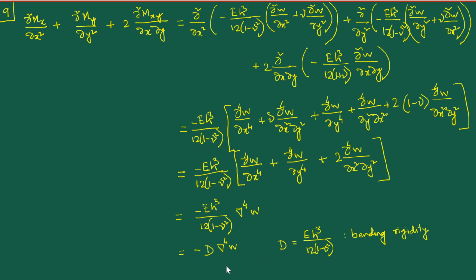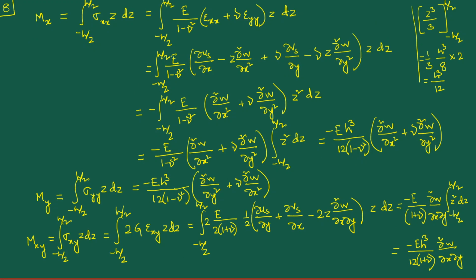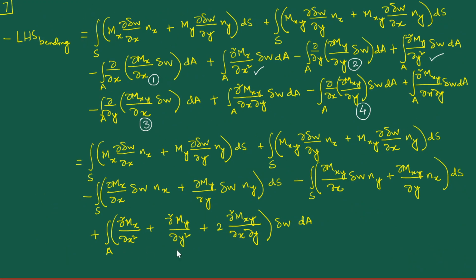All right, so if we just go back to this over here, you'll see that this term has gotten expressed in terms of minus D delta 4 W. So there is a certain simplification possible here.